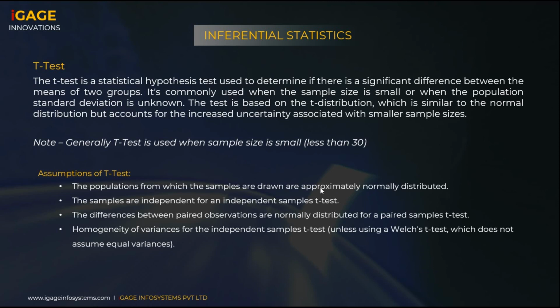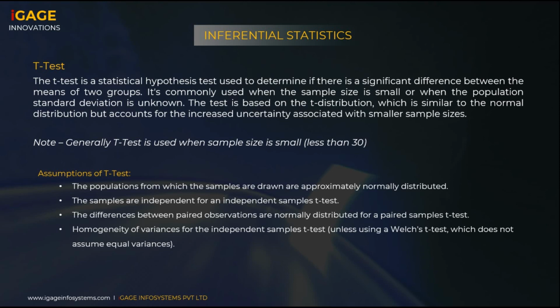Now, the assumption of the t-test is that the populations from which the samples are drawn are approximately normally distributed. This is the normal condition for almost all the tests, whether it is the z-test, t-test, F-test, or ANOVA test: the samples that we pick from the population should come from normally distributed data.